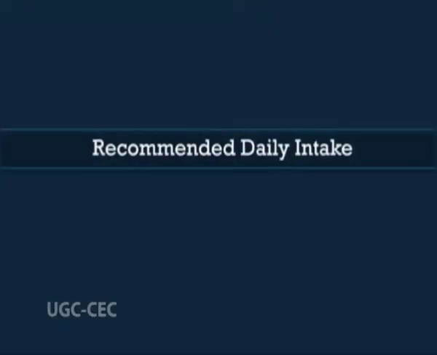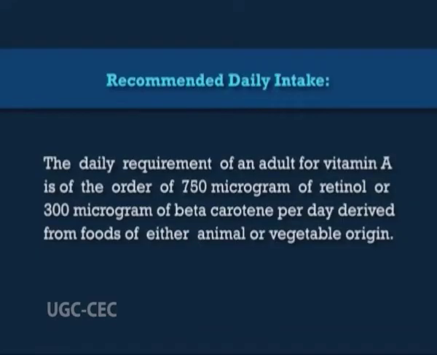Recommended daily intake. According to the World Health Organization and Food and Agriculture Organization, the daily requirement of an adult for vitamin A is of the order of 750 micrograms of retinol or 3,000 micrograms of beta-carotene per day, derived from foods of either animal or vegetable origin.